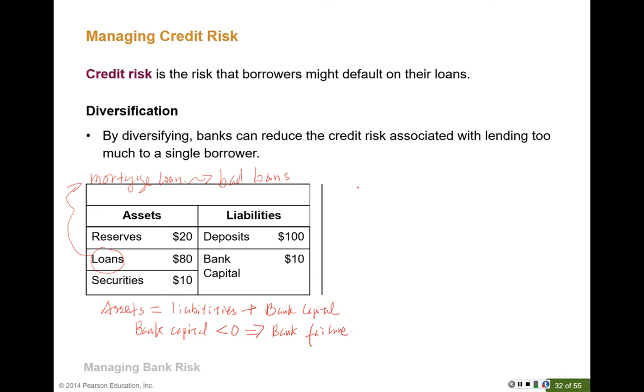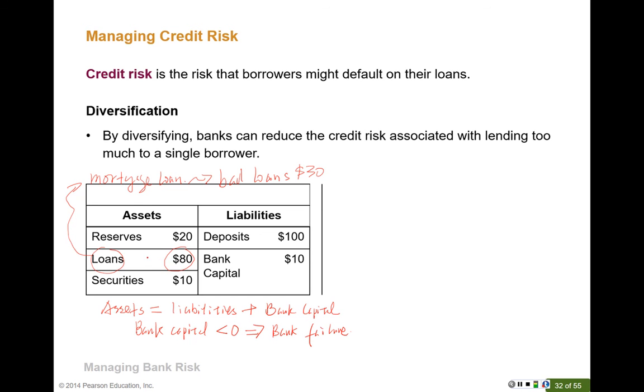Bad loan means what? The borrower cannot pay back. The loan value will decline to zero. So assume that because of the housing crisis and the housing market collapse, this bank has bad loans of $30. Which means among the mortgage loans this bank lent out, $80, $30 will disappear.